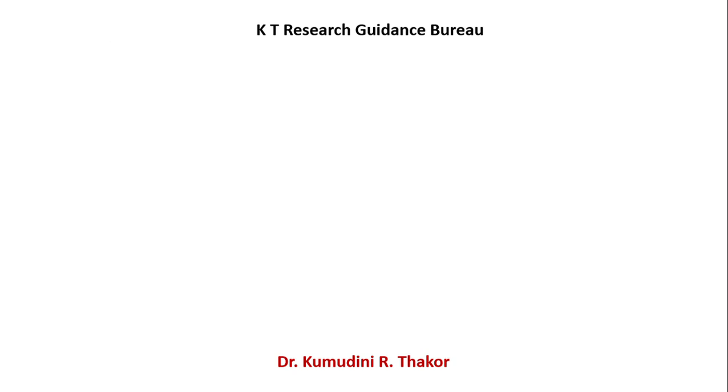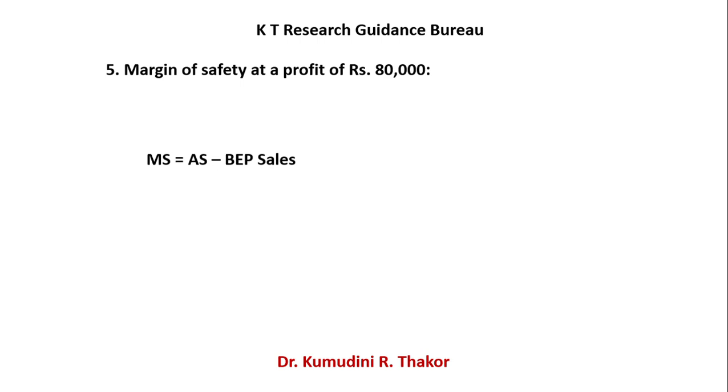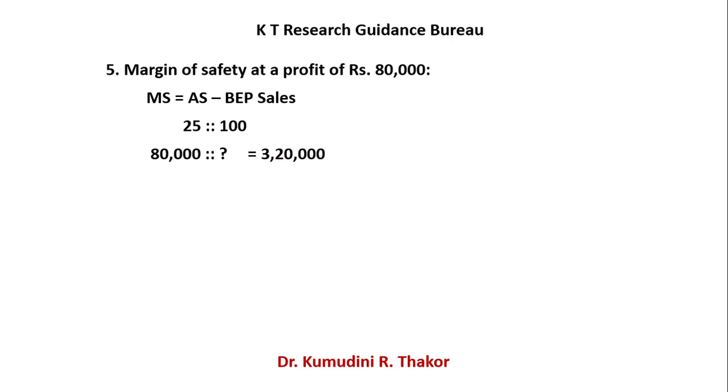Now the last question is margin of safety at a profit of rupees 80,000. You know the simple meaning of margin of safety. Margin of safety is equal to actual sales minus break-even point sales. 25 is to 100, then how much for 80,000? Your answer is 3,20,000.